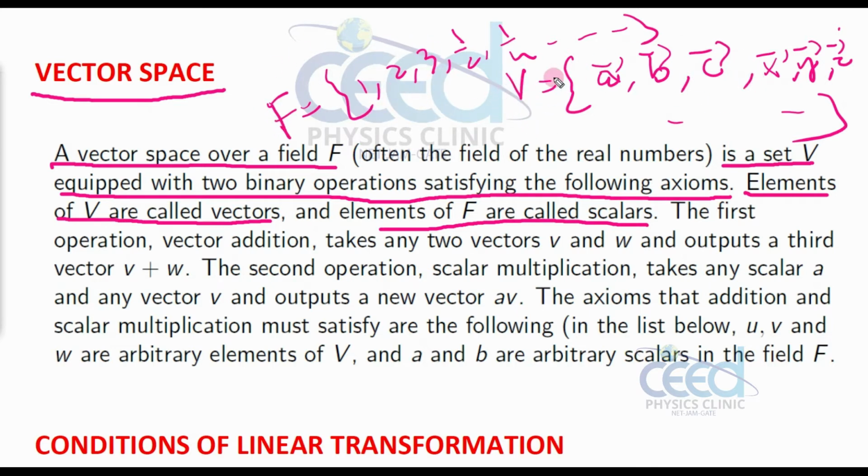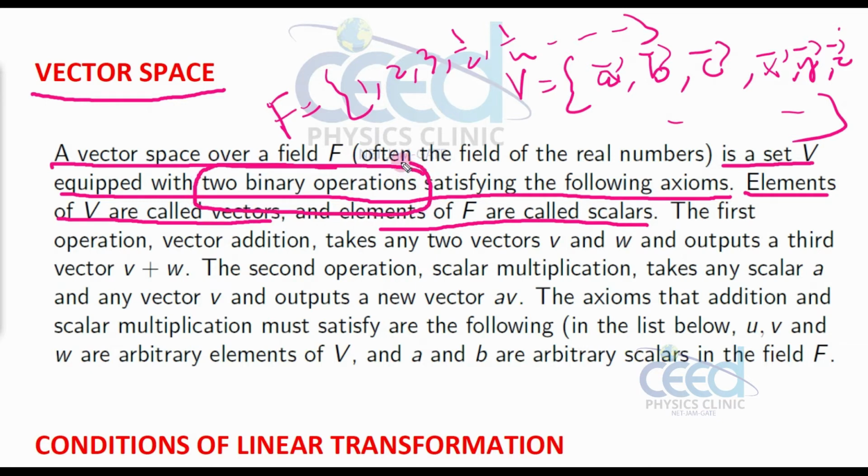One is V, whose elements are vectors, and the other one is the set F, whose members are constants, that is numbers 1, 2, 3, that may be fractional, rational, or irrational.